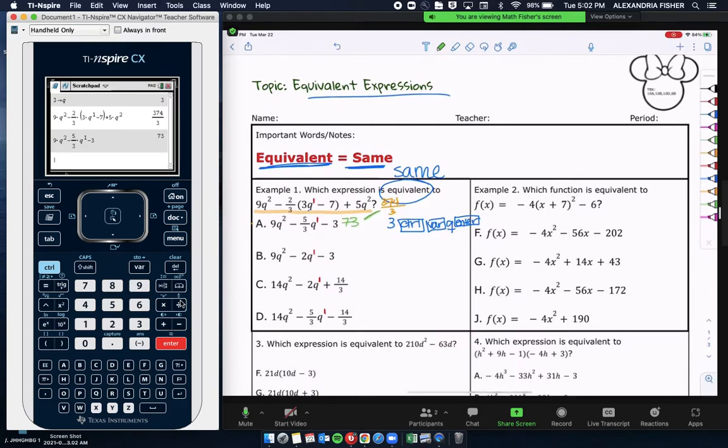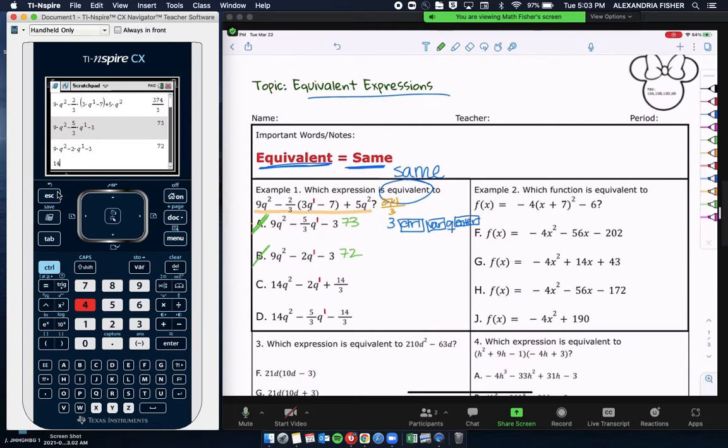So these two numbers are not the same, so we can eliminate A. So I'm going to try B. I'm going to try this one, B. So I have 9q squared minus 2q 1 minus 3, enter, and that gave me 72. So these aren't the same, so I'm going to eliminate B, and I'm going to try C.